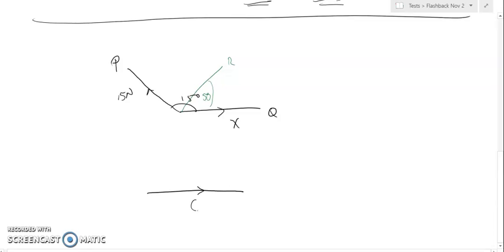So I'm going to draw Q to start with, just to reiterate, it doesn't matter which one I start with. So that was x newtons going to the right. Now I'm going to draw P. So P was there, and this angle here was 150 degrees, and this was 15 newtons. Okay, and then our resultant was there.